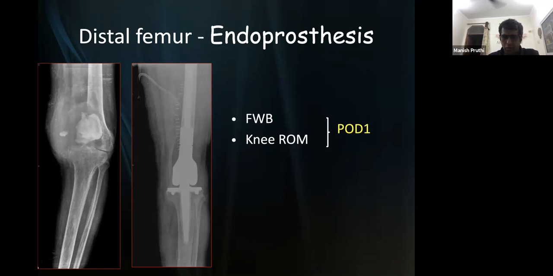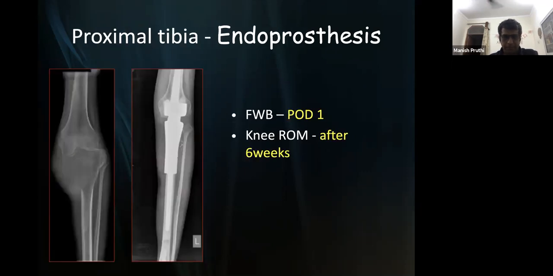Because as you can see in the picture on the right, the stem is cemented in both the proximal and the distal part, and we are not waiting for any soft tissue healing to happen. So patient can immediately start walking, patient can immediately start knee bending.